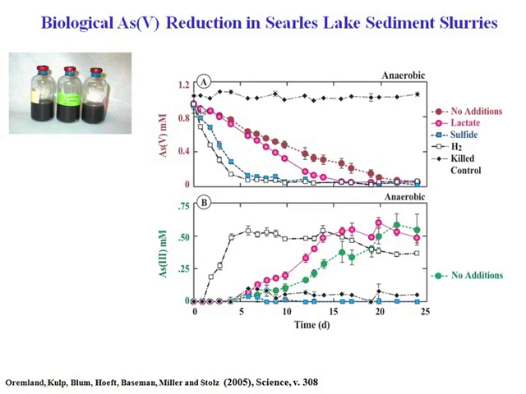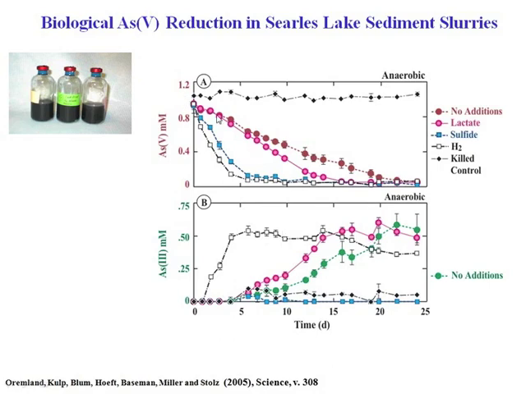But in the live conditions, where they have not been autoclaved, we see reduction of arsenic 5 and at least a partial recovery of that arsenic 5 as arsenic 3. The reason we don't have 100% recovery of arsenic 5 as arsenic 3 in this experiment is because of the presence of sulfide in these microcosms, and we get some precipitation of the arsenic 3 that's being produced as arsenic 3 sulfide minerals.